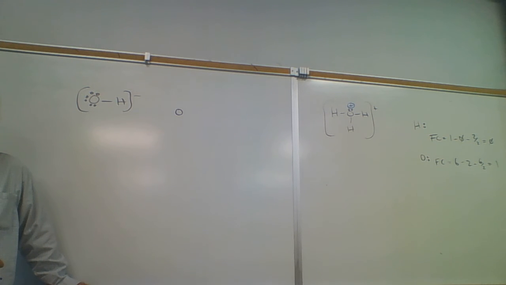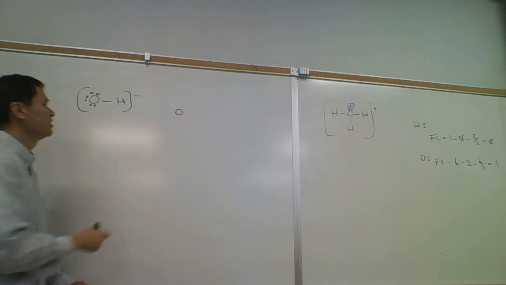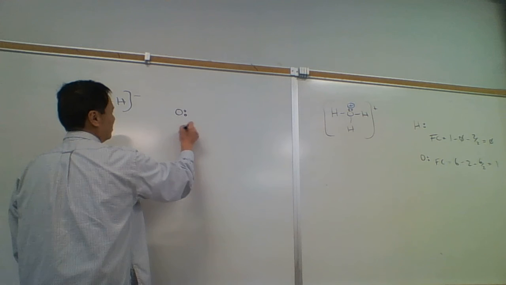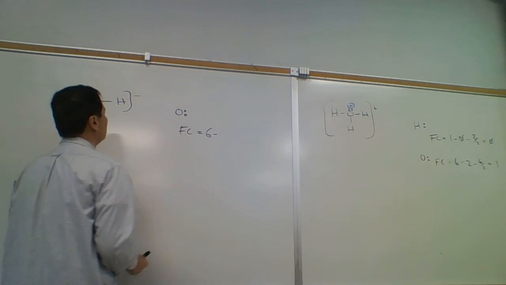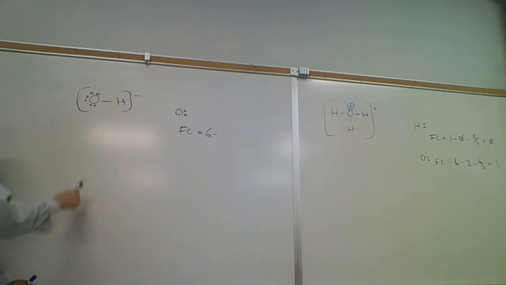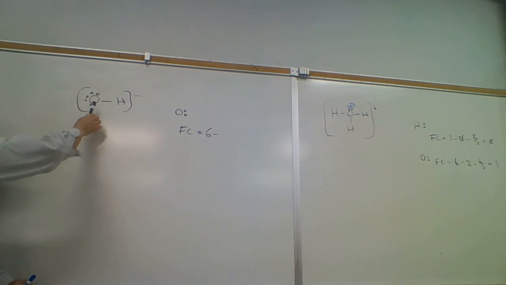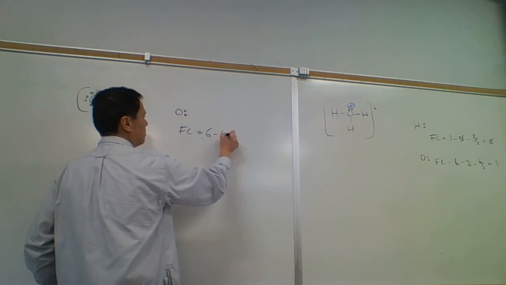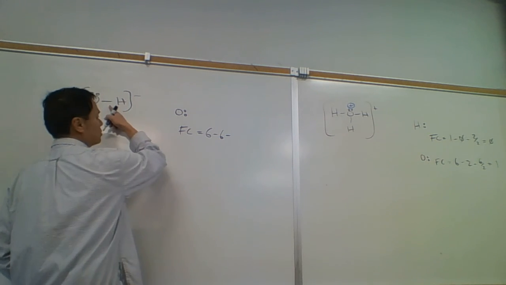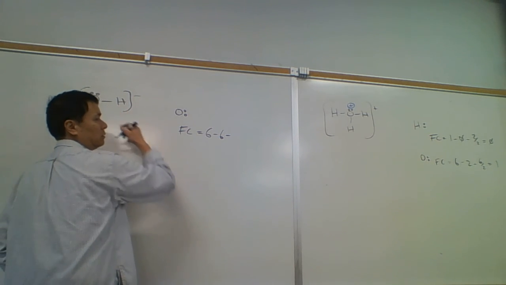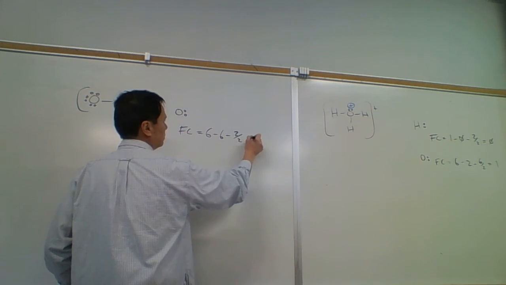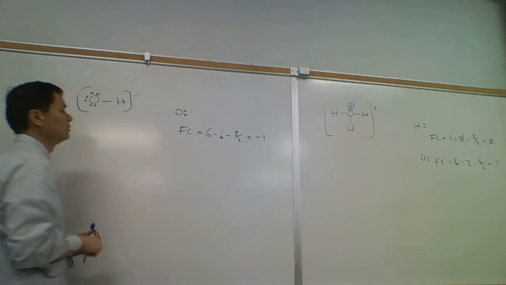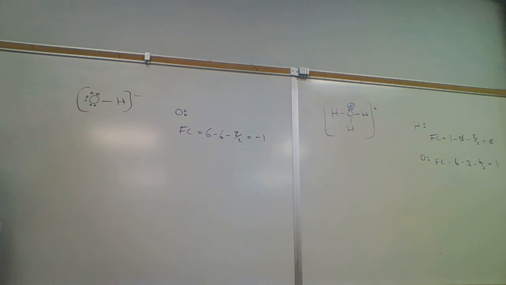Let's take a look at oxygen's formal charge. The formal charge is equal to valence, which is 6, minus the number of non-bonding electrons, 2, 4, 6. Minus the number of bonding electrons divided by 2. Divided by 2 is 1, minus 1. The formal charge on oxygen is? Minus 1.